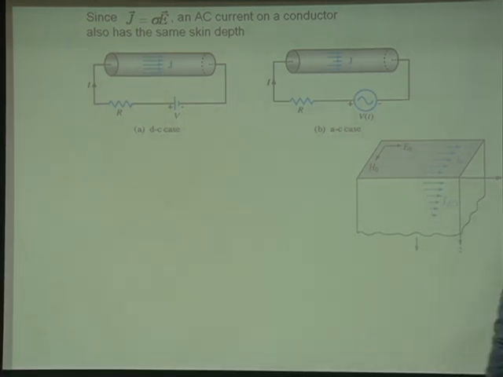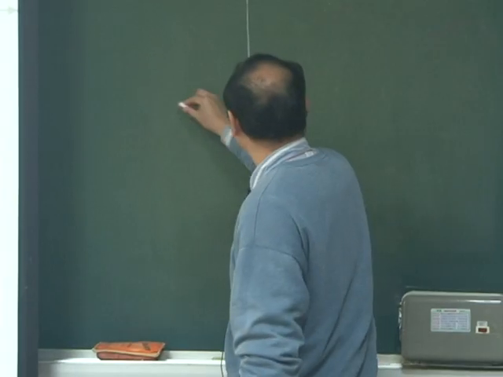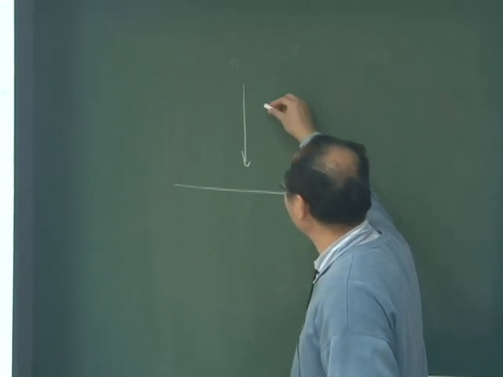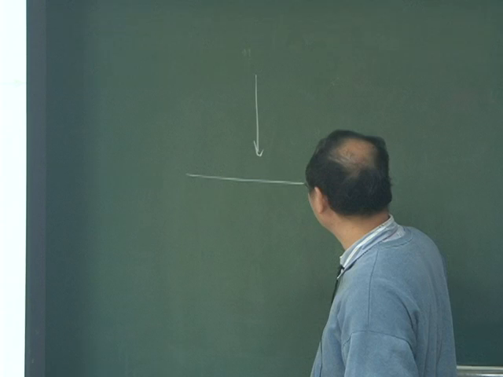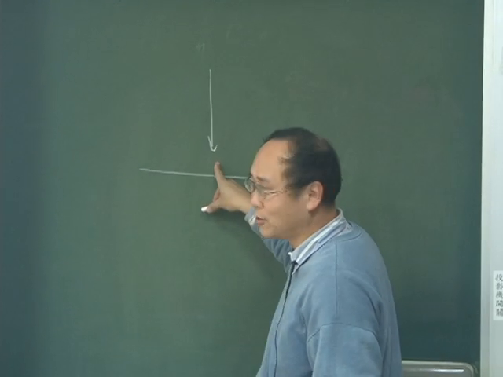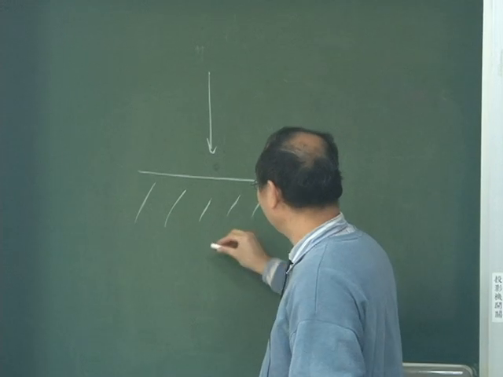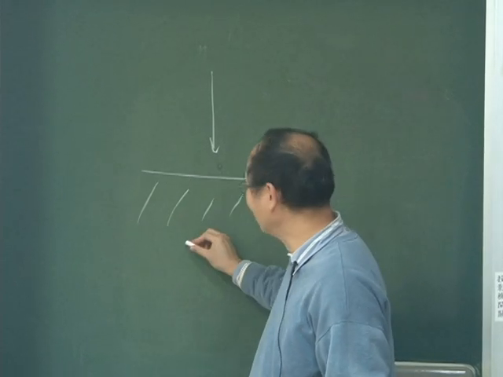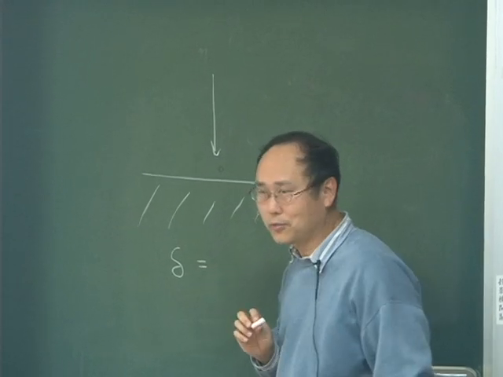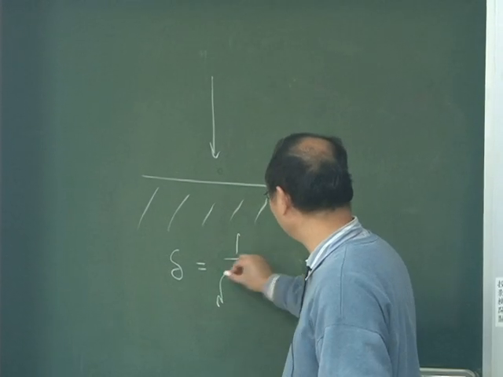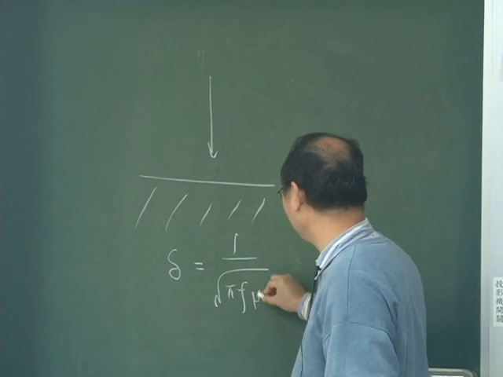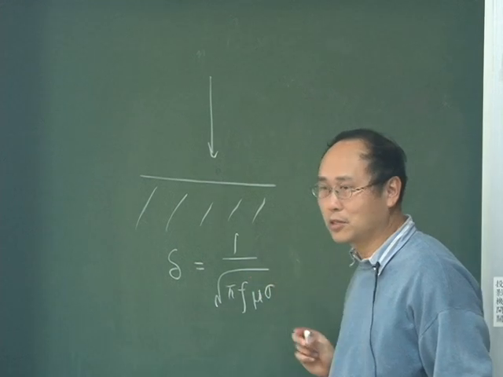For this case, you have an electromagnetic wave going this direction, and when this electric field and magnetic field are incident on this piece of conductor, there's a penetration of the field with a distance delta equal to 1 over square root of pi f mu sigma.